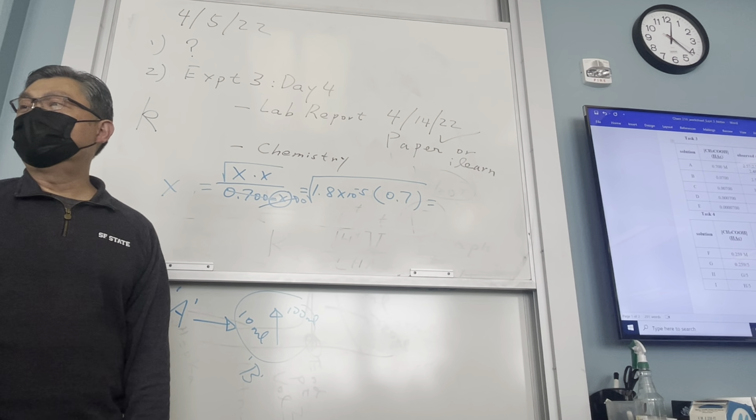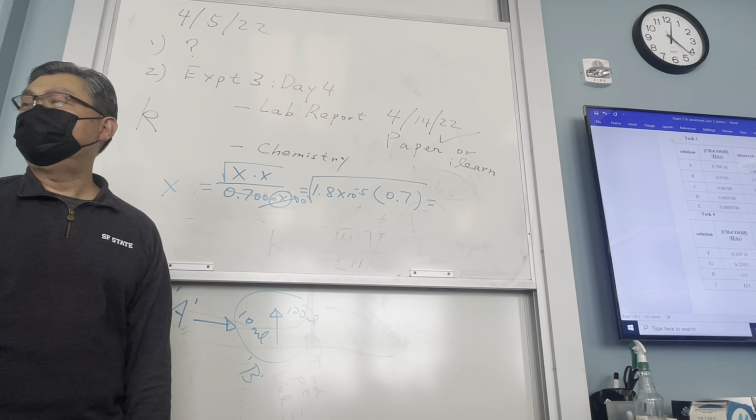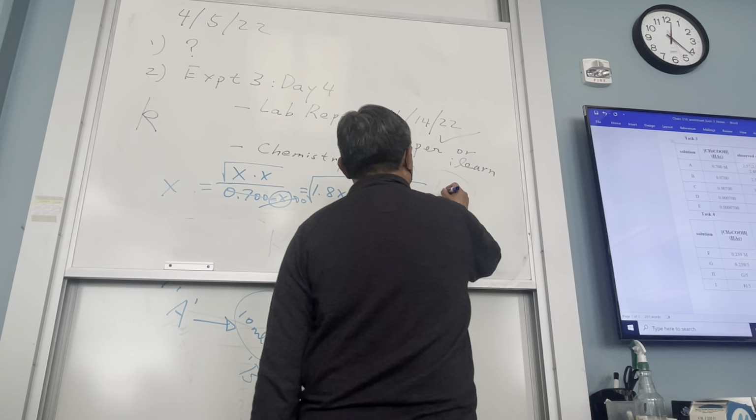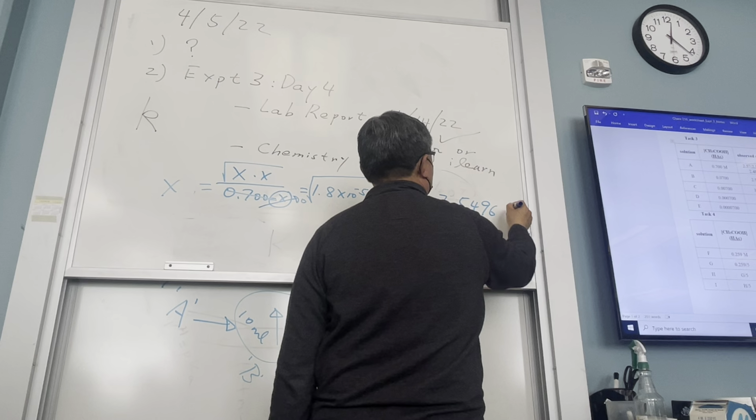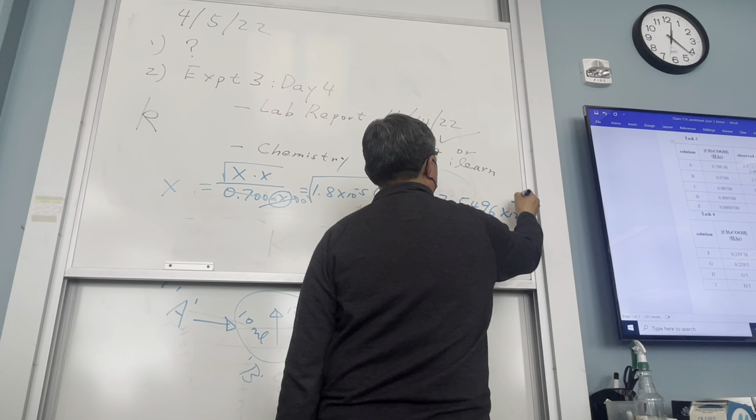Okay, so someone got the answer is 3.5496 and so on times 10 to minus 3, I believe.